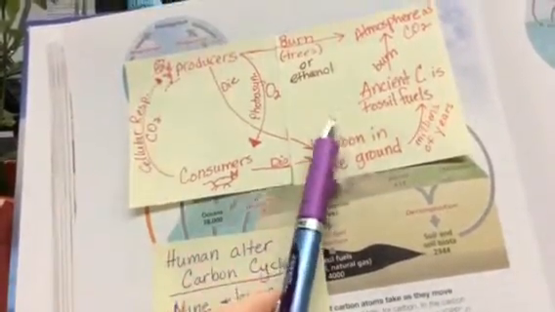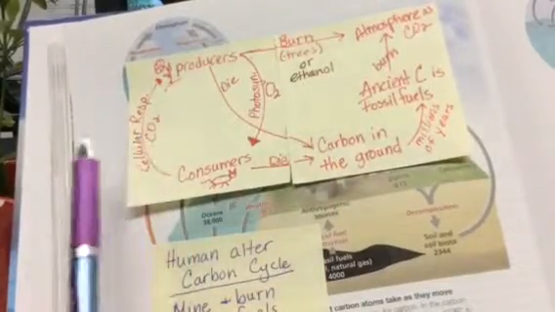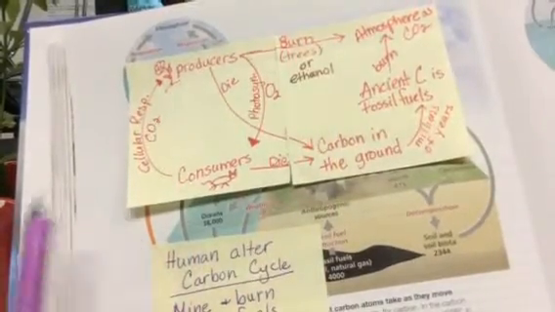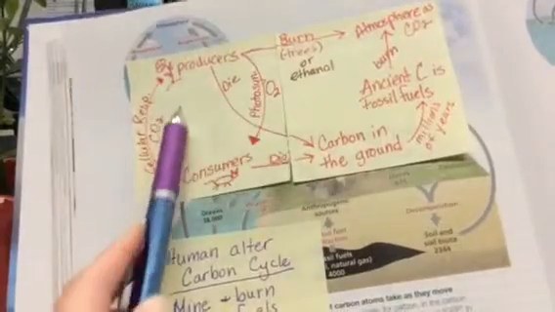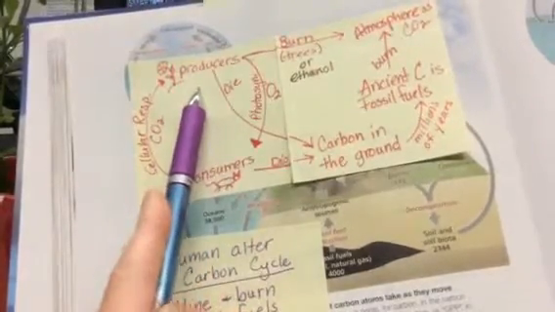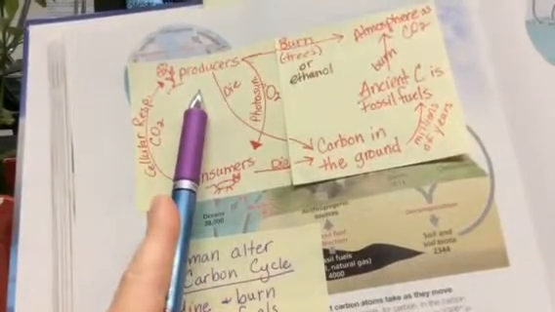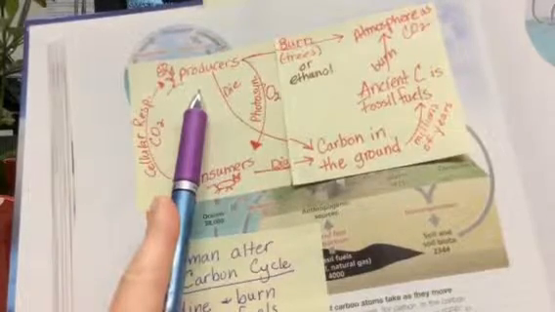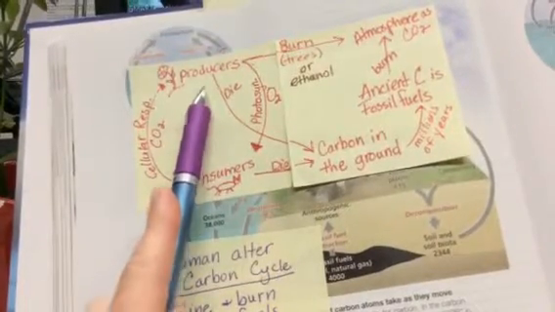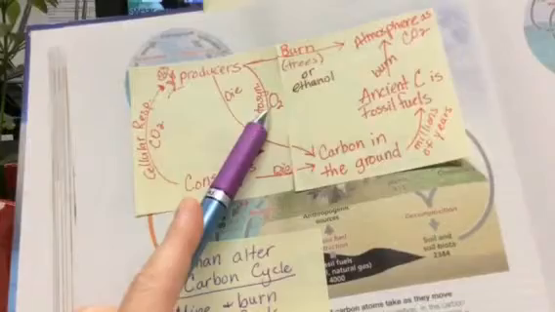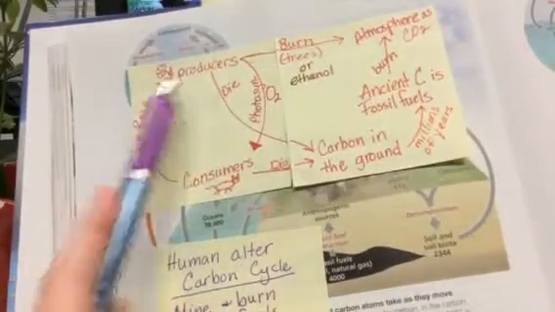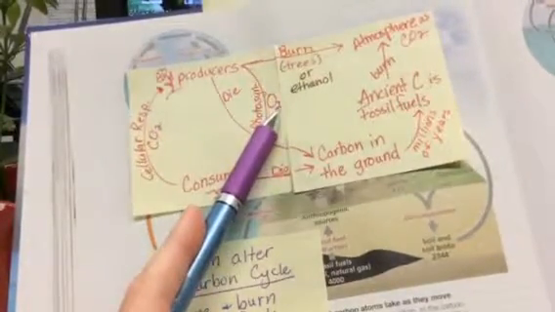And one little side note here, it's not a direct loop. Producers take in carbon dioxide and actually make tissues for their bodies. So trees will take it in and make tree tissue. The oxygen from photosynthesis does not come directly from the CO2. The oxygen actually comes from water.